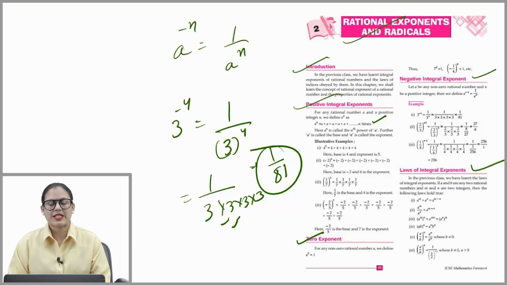Laws of integral exponents. In the previous class, we have learnt the laws of integral exponents. If a and b are any two rational numbers and m and n are two integers, then the following laws hold true.